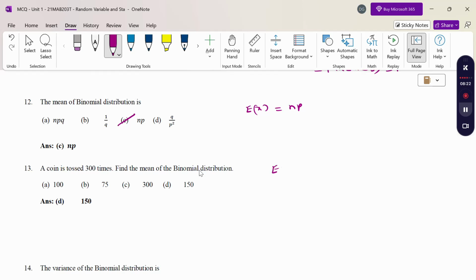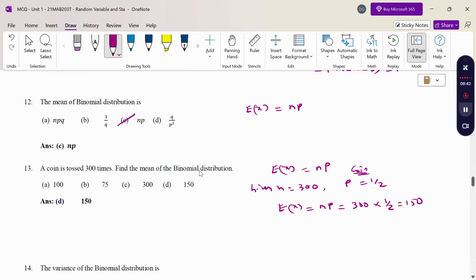Here E(X) = np, for n = 300 and the coin probability p = 1/2. Therefore E(X) = np = 300 × 1/2, so 150 is the answer. The option is D.